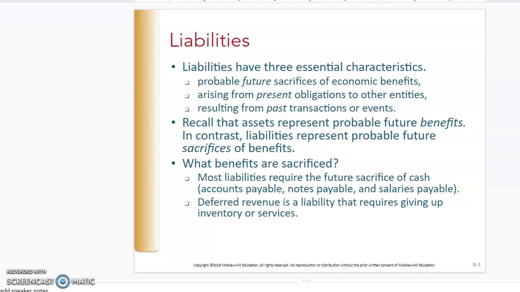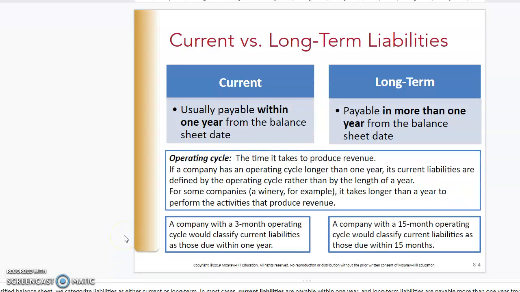You're going to have to make a future sacrifice of cash to pay your employees that you owe them now on the balance sheet date for services that they provided to your company prior to the balance sheet date.